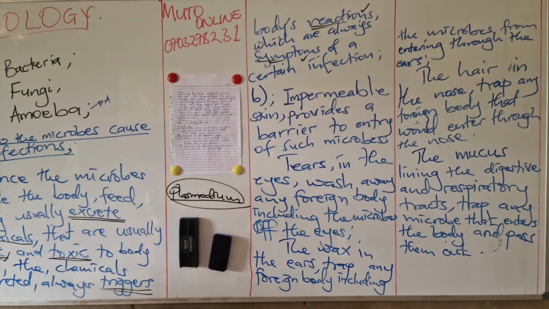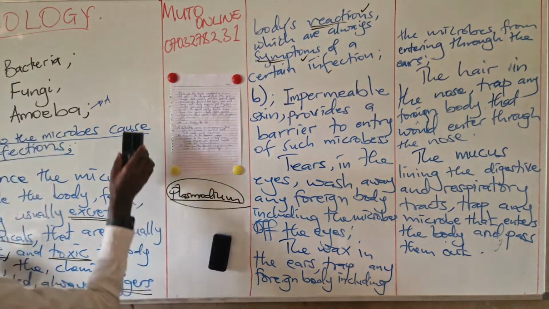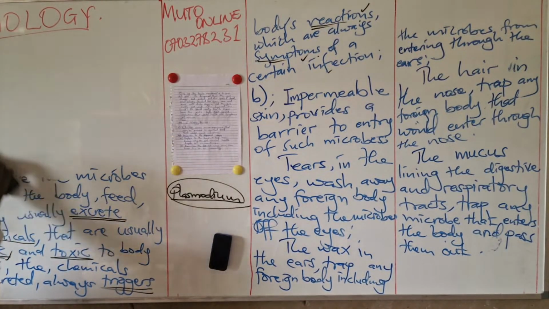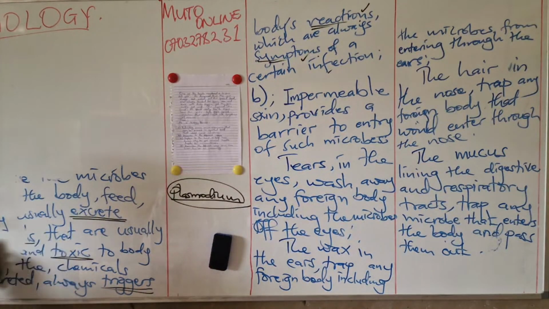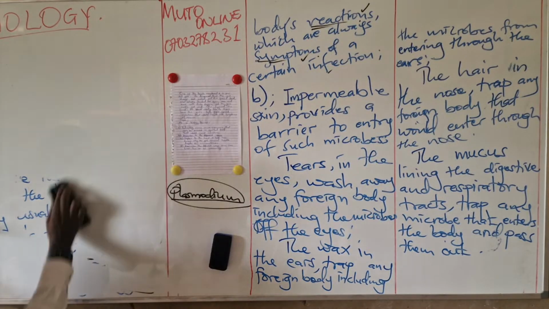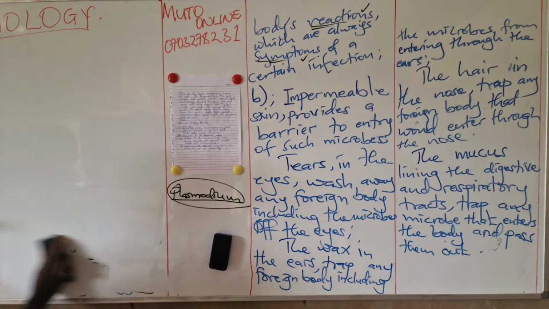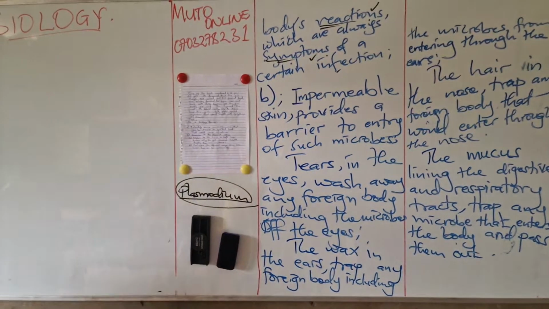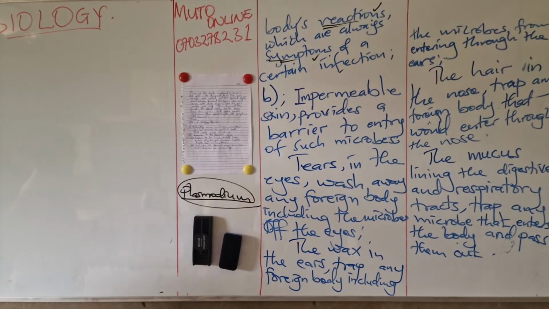There are very many ways. We may not be able to finish them, but we are going to mention what we can. You also supplement where you are. The different ways the body defends itself against infections.